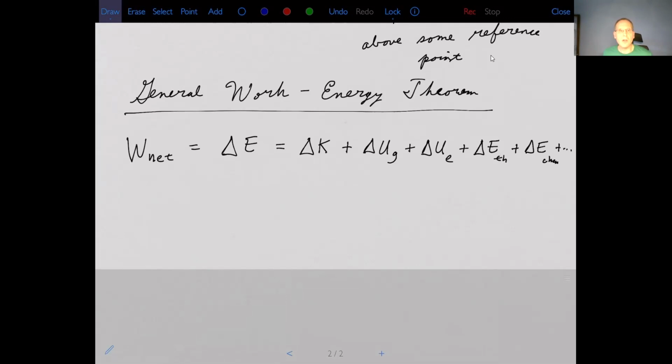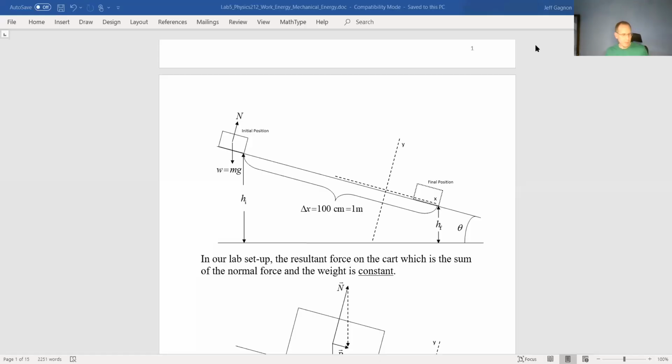Okay, so in the first part of the lab, let me go back to the handout. So in part 1 of the lab, basically what we're going to have is a cart, which is on the air track. So here's the cart. It's on an inclined air track. It starts at rest, right, at some initial position, and it's going to accelerate. We're going to release it from rest.